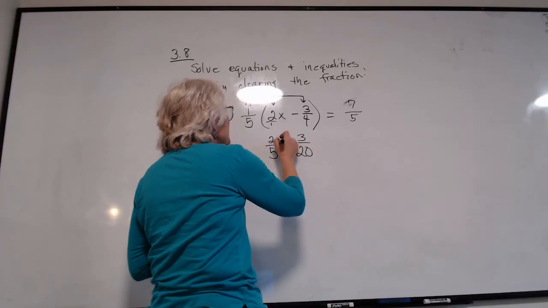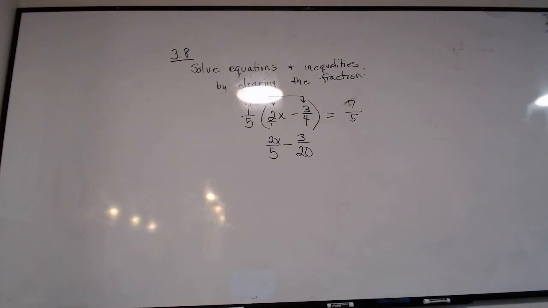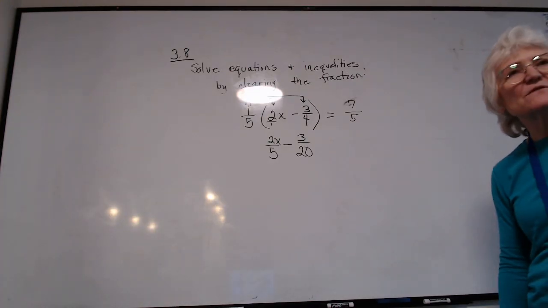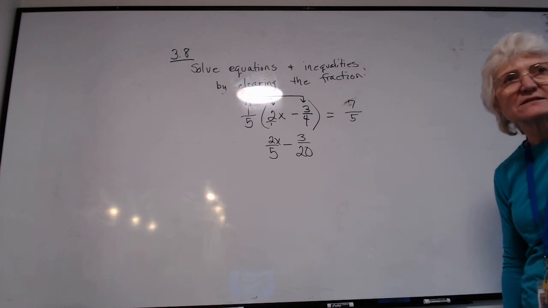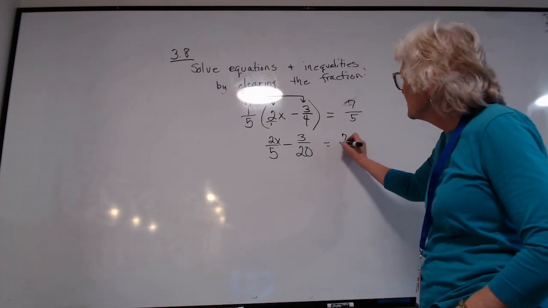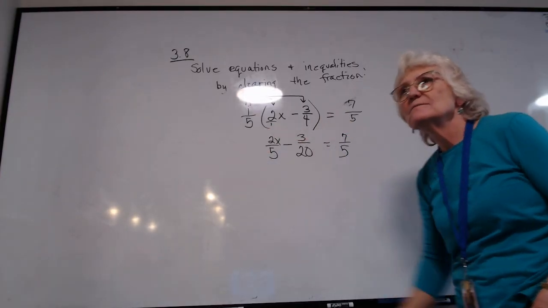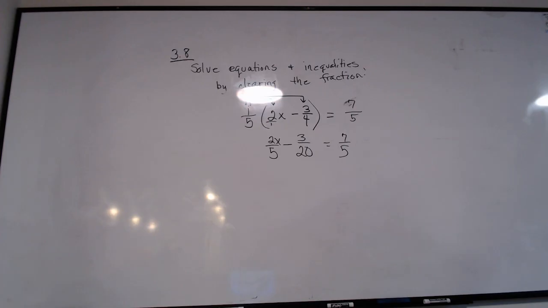3/20. And you guys watched me and I didn't put my X in there. Don't lose your X. That will be very dangerous because you will never be able to find what it equals if you lose it. Okay? Equals 7/5. Now, why did we not multiply 7/5 by 1/5? Is it because it's in the parentheses?